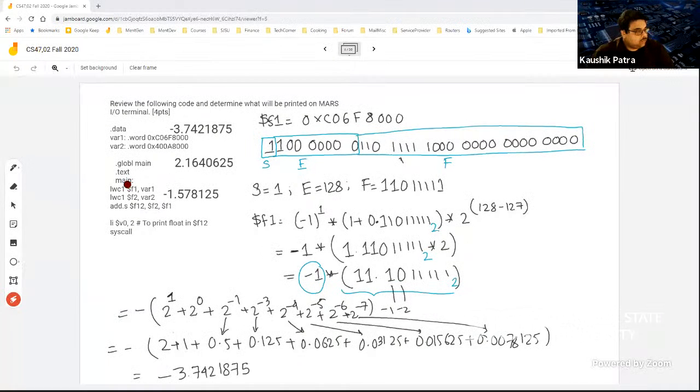Let me share again. In the case of LWC1, you will see there is a command, what is that command? Just hold on, I forgot how to load the double word. Let me bring out the green sheet.